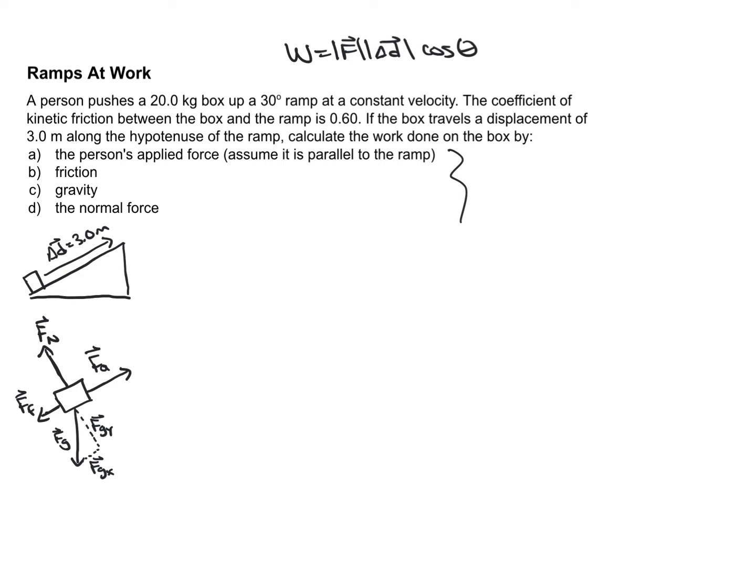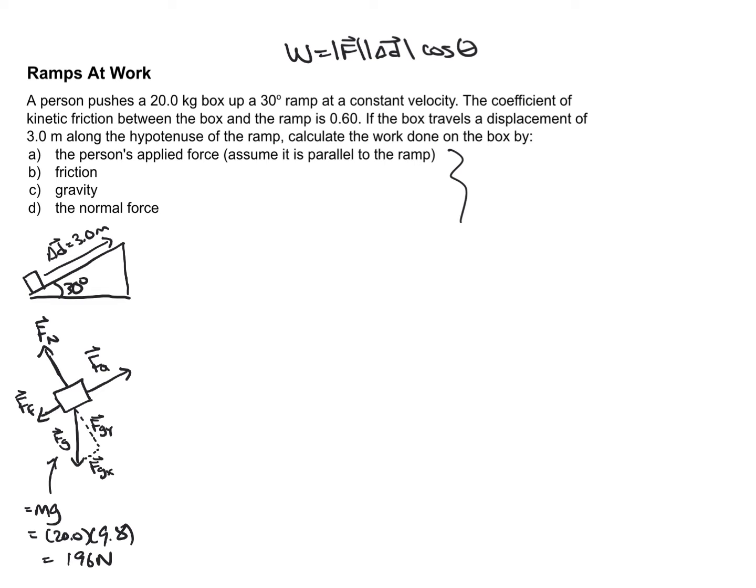Not much is given here. One force I can find out is Fg. Fg equals mg. So that's 20 kilograms times 9.8. That'll be 196 newtons. Okay, so I know that the force of gravity is 196 newtons.